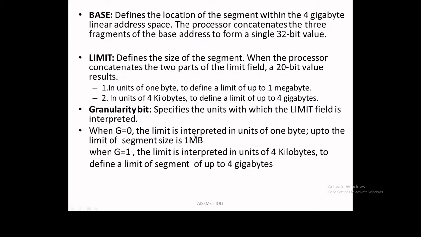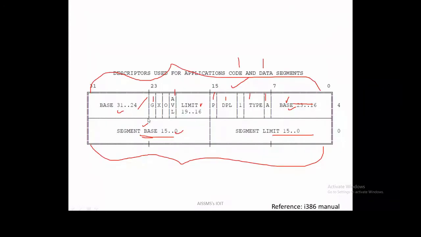This limit field defines the size of the segment. What is the size of the segment? There are two ways to define the size, and it is connected with the granularity bit. This limit field is interpreted by the granularity bit. If you see in the diagram, this is the G bit, that is the granularity bit. This G bit is taken as a reference for the limit field.